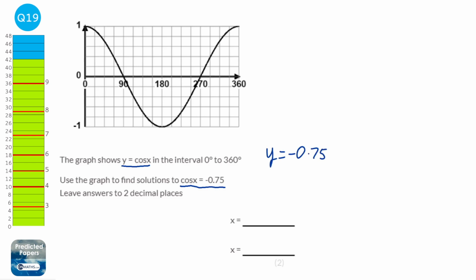And if we plot that on our graph, and it's a bit of an estimate, it doesn't have to be perfect, you can see that there's 2 points which it crosses the graph. Now, we need to work out what one of these points is, and the way we do that is we do the inverse cos of minus 0.75, and we do that on a calculator.